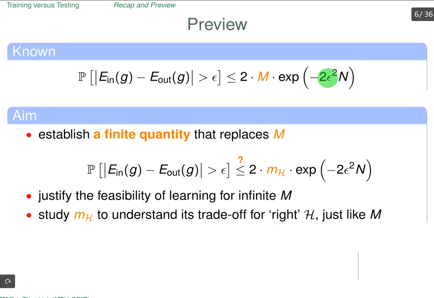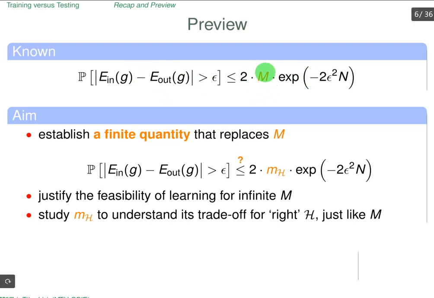Epsilon is some small number which we can call tolerance; epsilon is user defined also. And m can be user defined. m is the number of hypotheses, right? So if m is infinite, we're in trouble. The probability of bad event is very big.